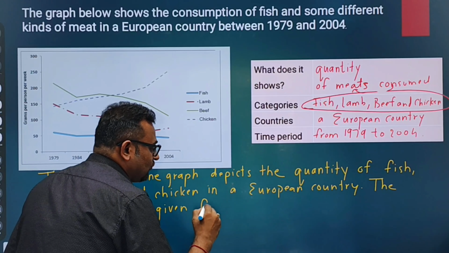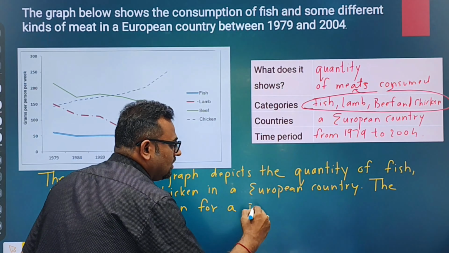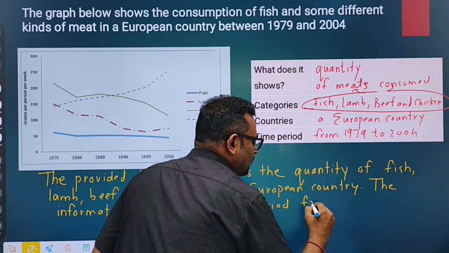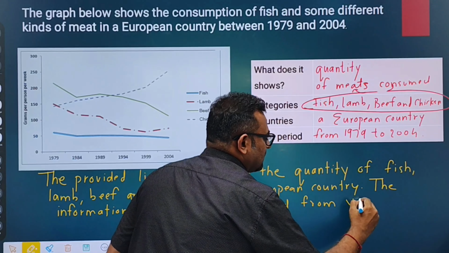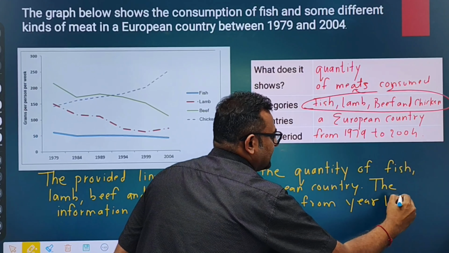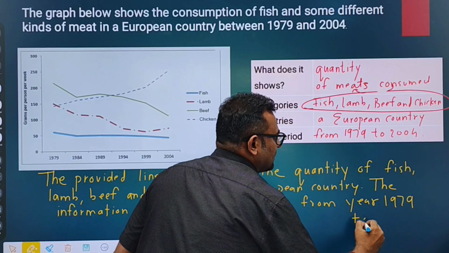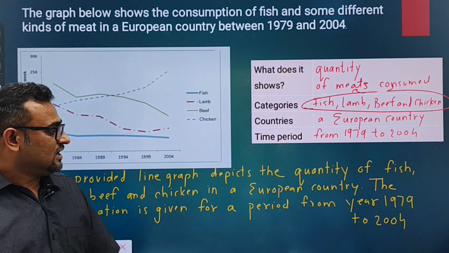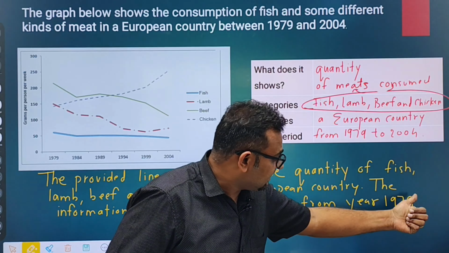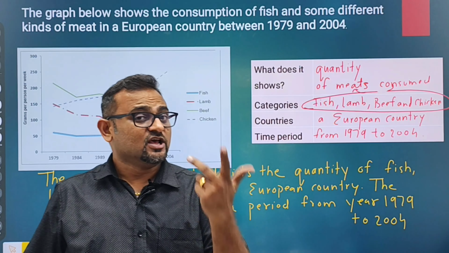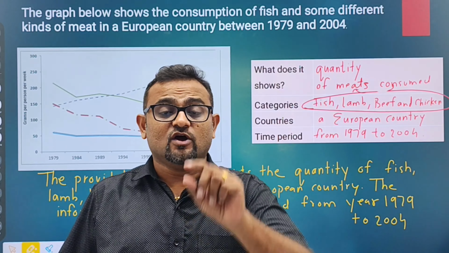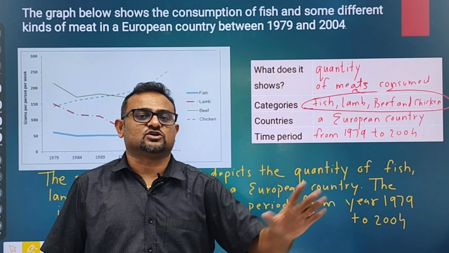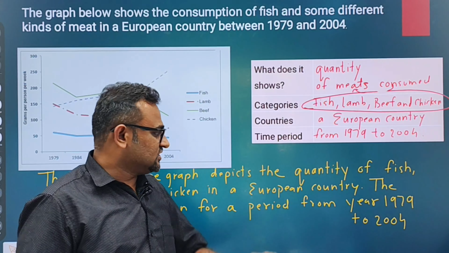But I can also write down for a period from year 1979 to 2004. Okay. Now see here, from 1979 to 2004 is 25 years. You can also write down for a period of 2.5 decades from 1979 to 2004. Yeah. So see, same format.